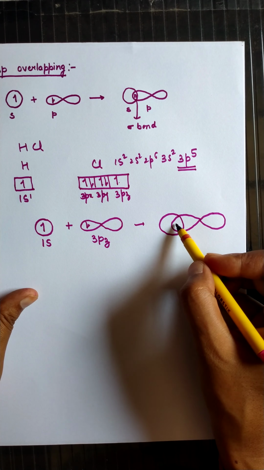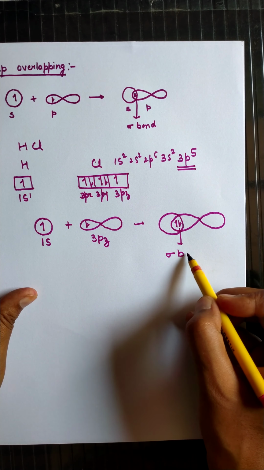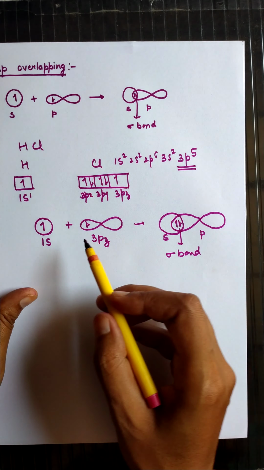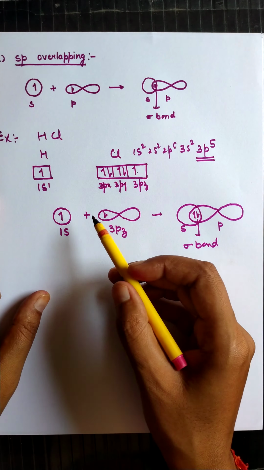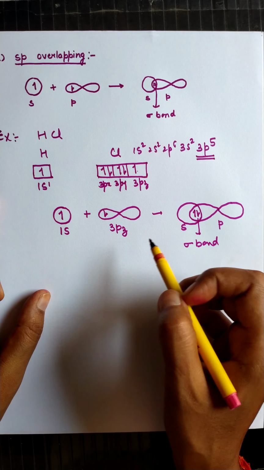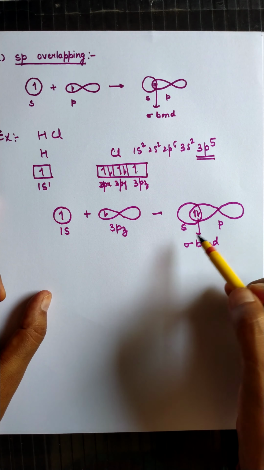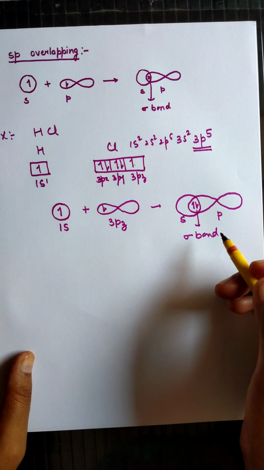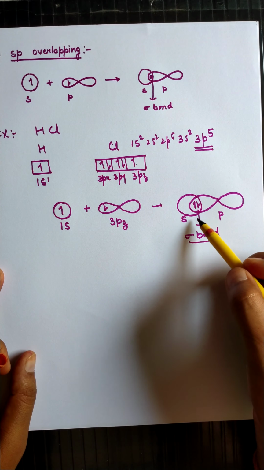This is the overlapped part, and this is the formation of the sigma bond. This is the s orbital, this is the p orbital. This is the type of sp overlapping. By axial overlapping only sigma bond will be formed, and this is the second type of axial overlapping, sp overlapping. Students, this is the sigma bond and this is the overlapped region.